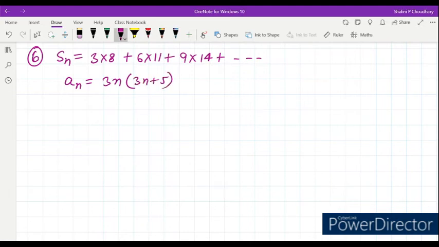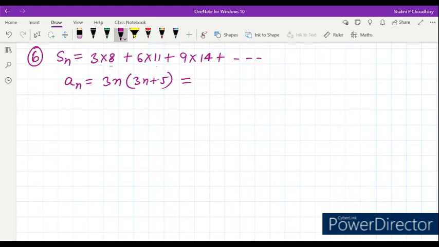Because 3 into 1 is equal to 3 and 3 into 1 plus 5 will be 8. Similarly, for the second term, 3 into 2 is 6 and 3 into 2 plus 5 is equal to 11. Okay, so this value we are getting, and now we can apply summation.